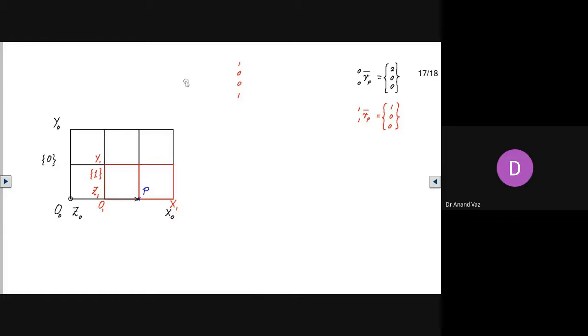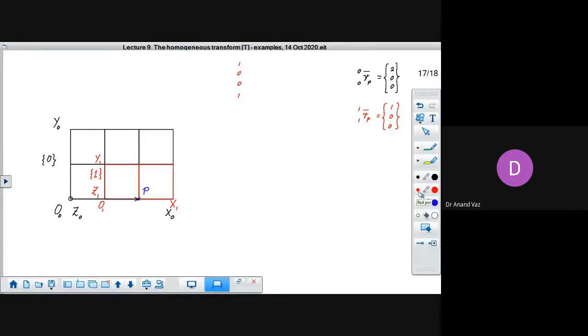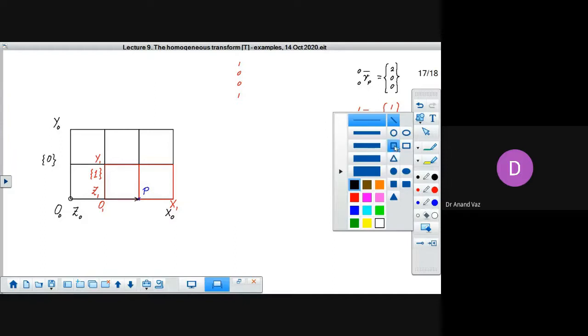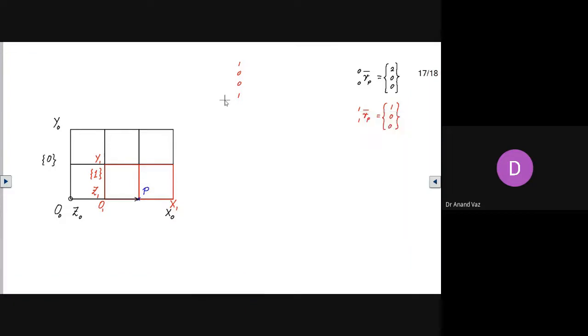And here we will construct our T matrix. Okay. So this T matrix, just have this box here.